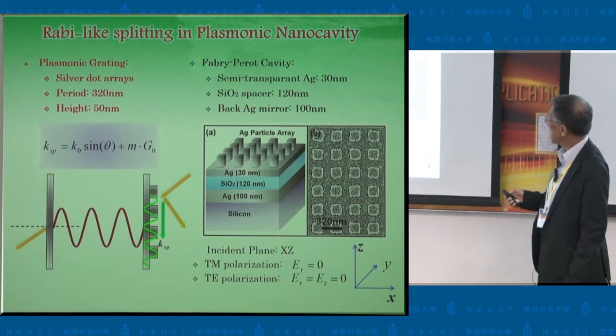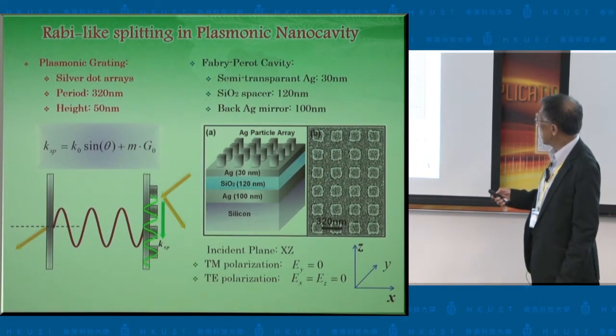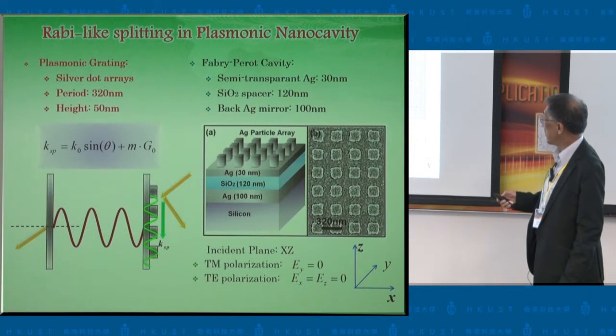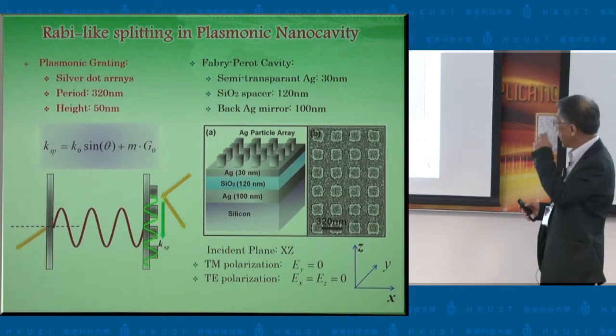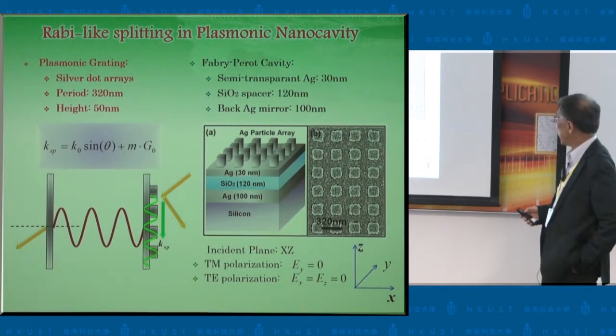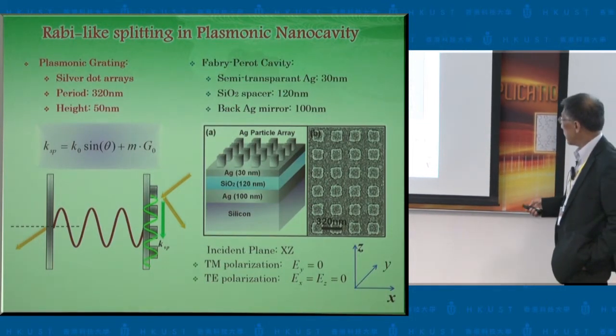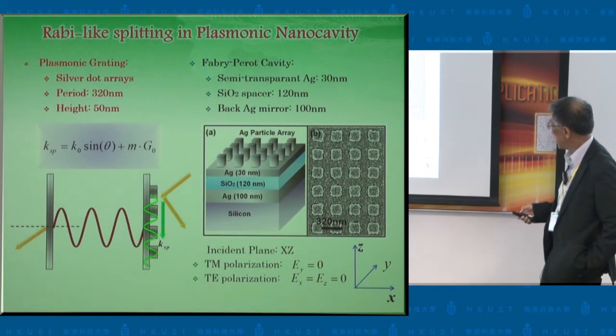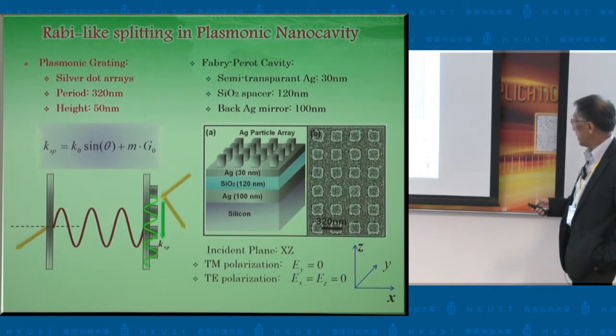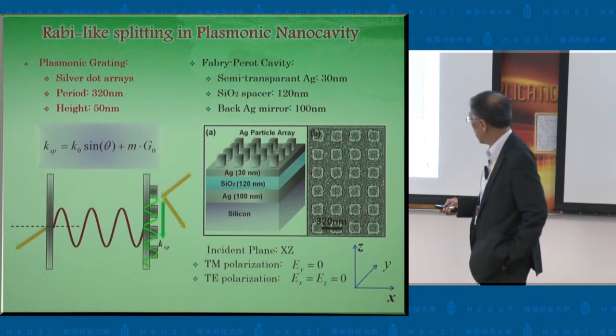You can see that the periodicity of the dot array is 320 nanometers with a height of 50 nanometers. In principle, you hope to do the coupling based on this equation here. This shows the directional, where the incident plane is the XZ plane, I beg your pardon. For TM polarization, EY is equal to 0, and for TE you have EX and EZ equal to 0.